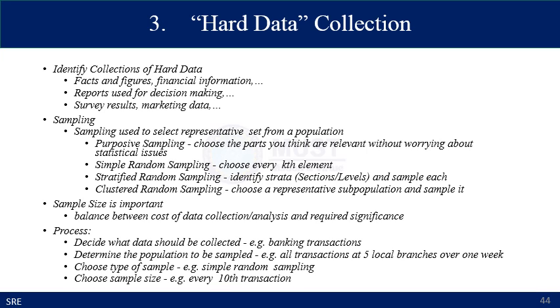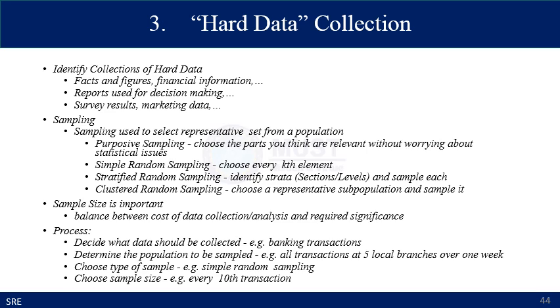data. In hard data collection, the sample size is the most important indicator, and it sets the balance between the cost of the data collection analysis and the required significance. The process is illustrated as the decision about what data should be collected, for example, banking transactions, and determination of the population to be sampled, for example, who will be part of the data collection process and what data will be collected.